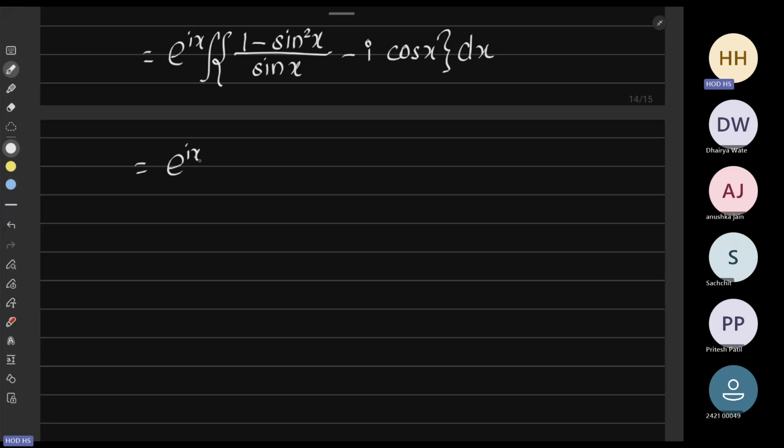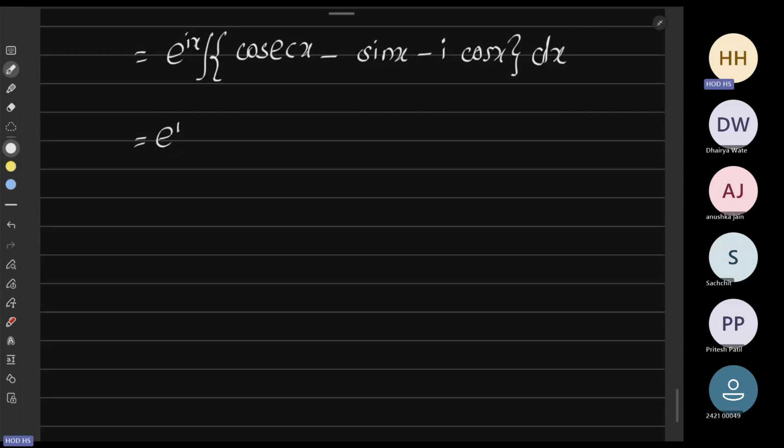e to the power ix into the integral of (1 upon sin x, which is cosec x, minus sin x, minus i times cos x) dx. Note that the integral of cosec x is log of cosec x minus cot x.